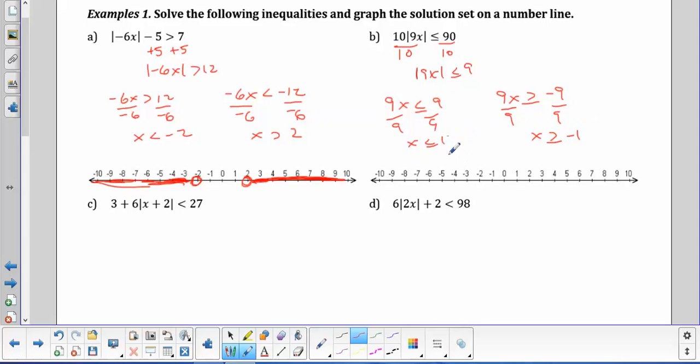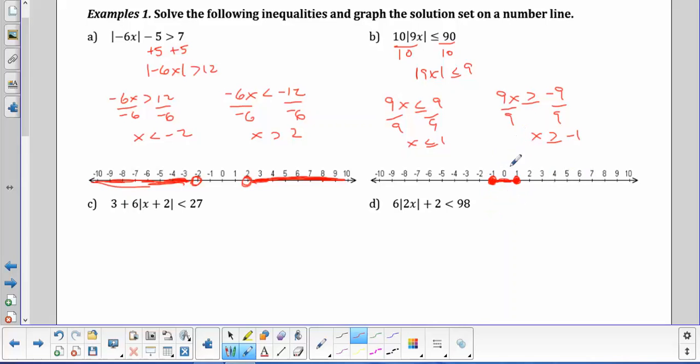And let's plot them. So at 1, less than or equal to, it's going to get a solid dot. I'm just going to start the shading so I can wait for this other one, greater than or equal to -1, greater than or equal to, get that, and I'm going to go greater than. So that's why we wait to shade the whole number line to see what happens.